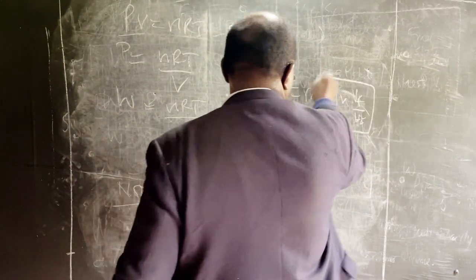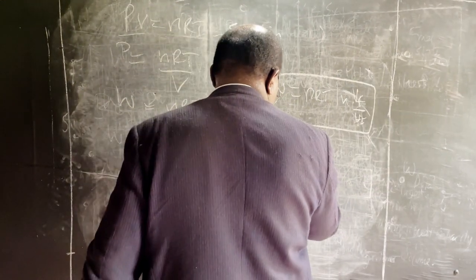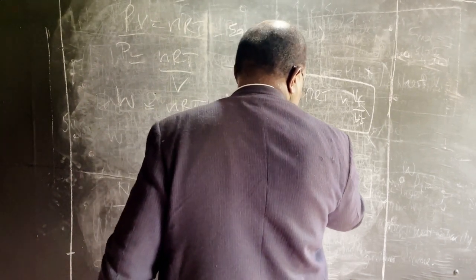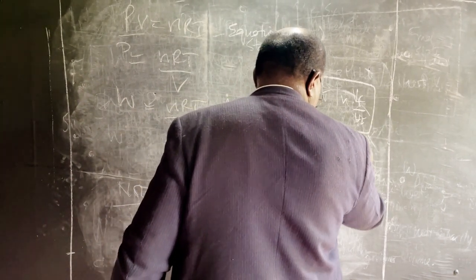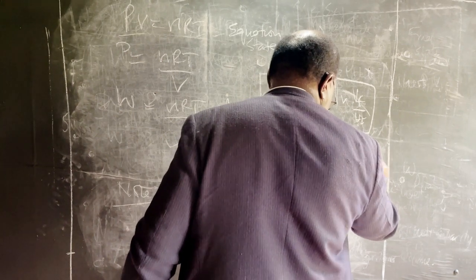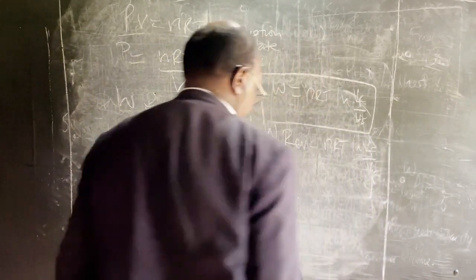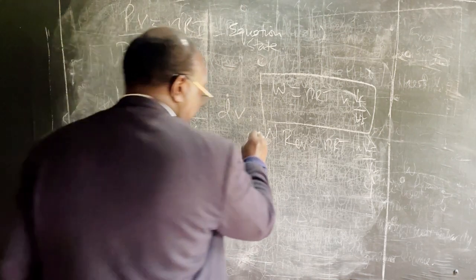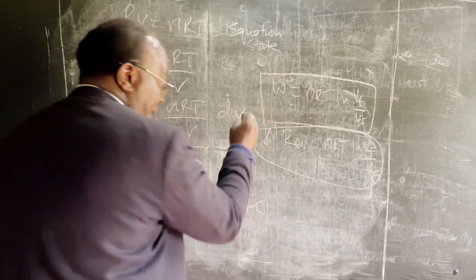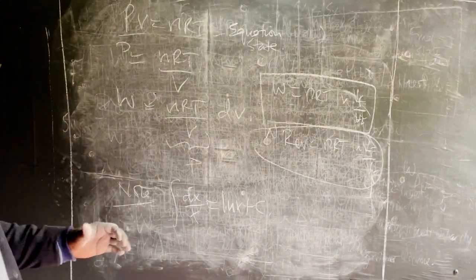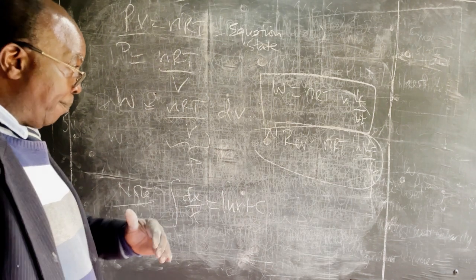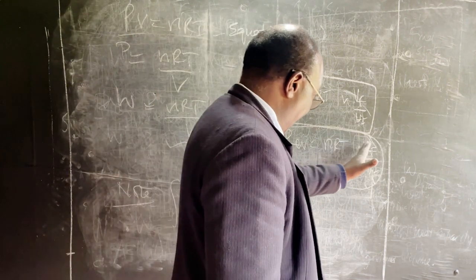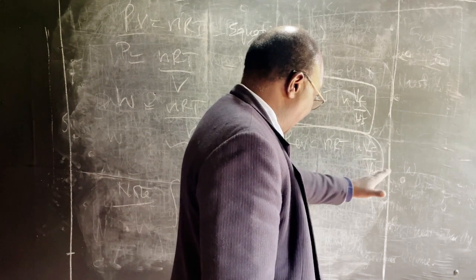That will be the expression for work for reversible process. So W for reversible process will be nRT natural log of Vf over Vi. Very important for us to note that. So the expression for calculating reversible work, that is where the internal pressure differs by infinitesimal amount compared to the external pressure, is nRT natural log of final volume over initial volume.